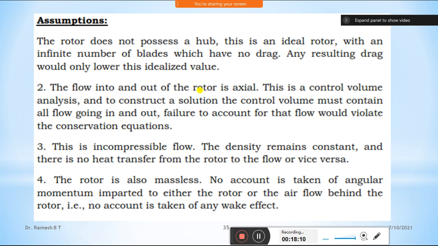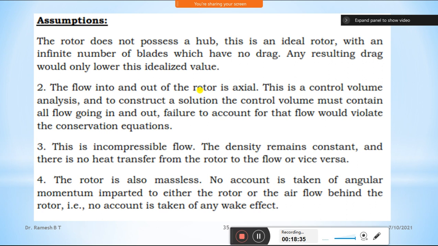In practice there is a drag force at any angle of attack, minimum, medium, or very high alpha value, but he assumed no drag force. That's why he got the value of 59.3%. In reality, the drag force will reduce the efficiency to 35 to 40%.